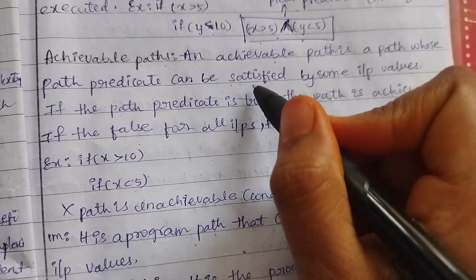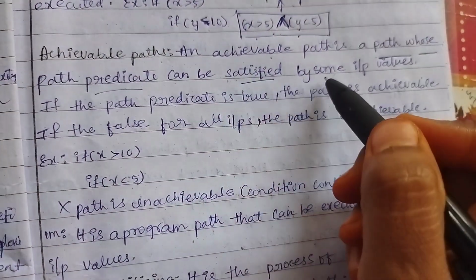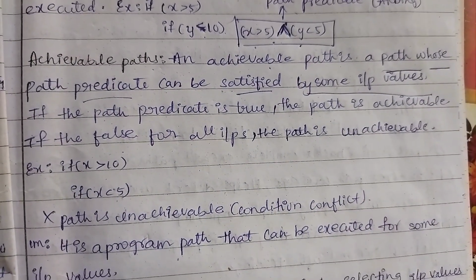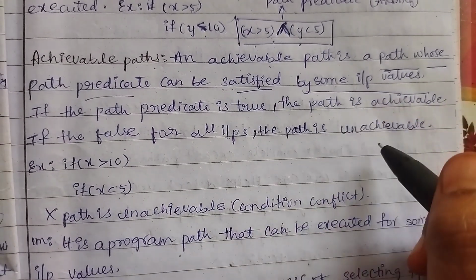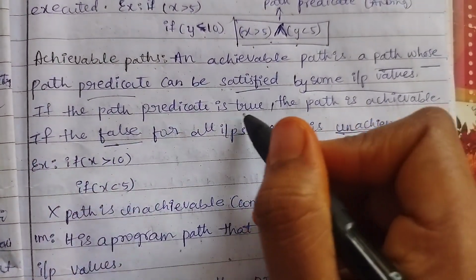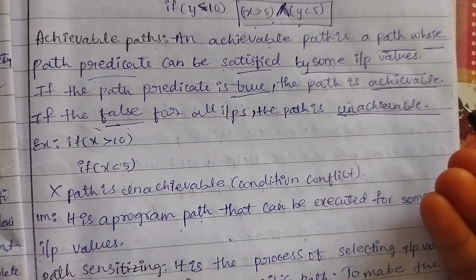An achievable path is a path whose path predicate can be satisfied by some input values. If it is not satisfied, then it is an unachievable path. If it is true, then it is achievable. If it is false, then the path is unachievable.